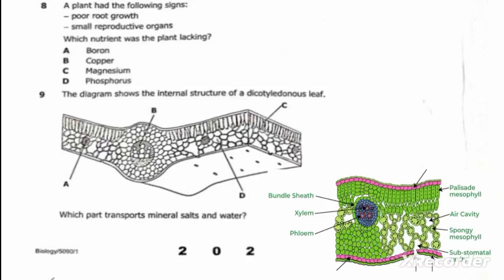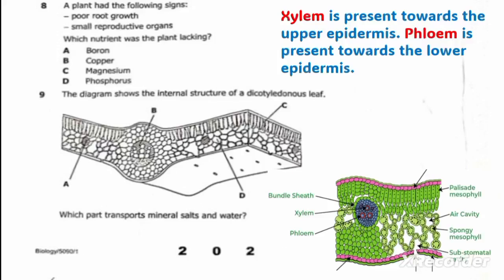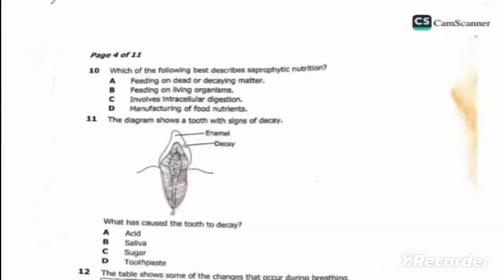So where can we find xylem? The xylem is found here, so our correct answer is B. Xylem is present towards the upper epidermis, and phloem is present towards the lower epidermis.